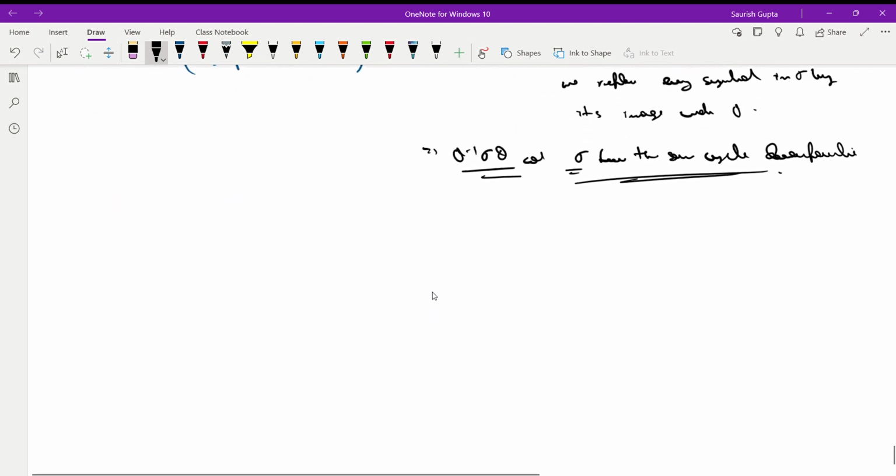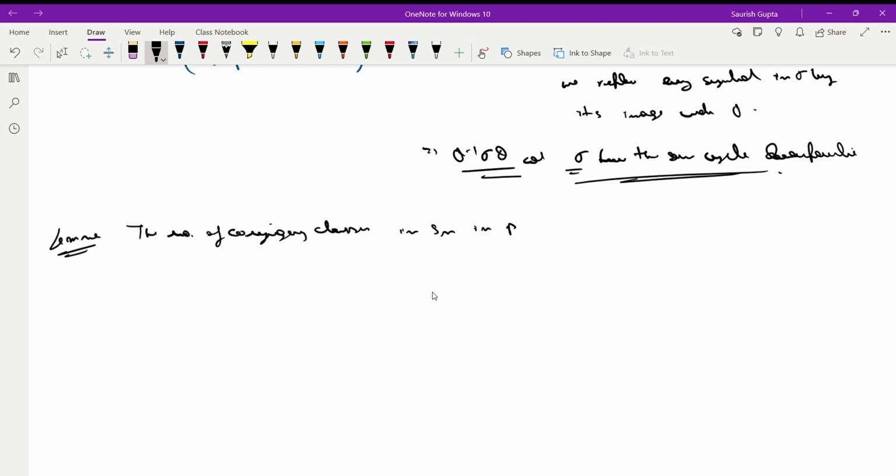Therefore, what we claimed is a lemma: the number of conjugacy classes in Sn is Pn, which is the number of partitions of n. How does it come?